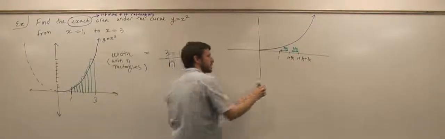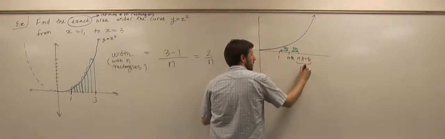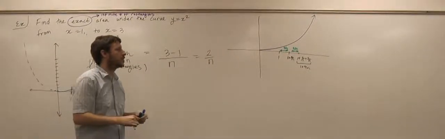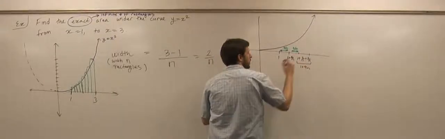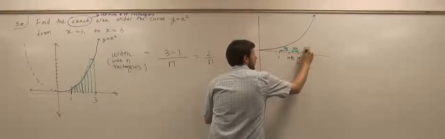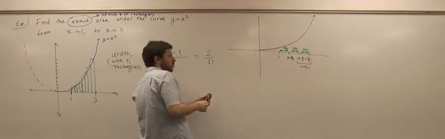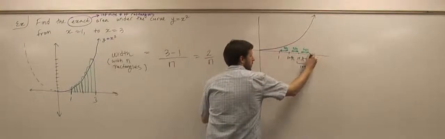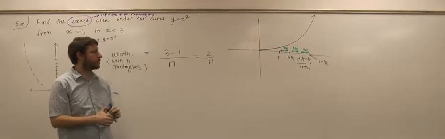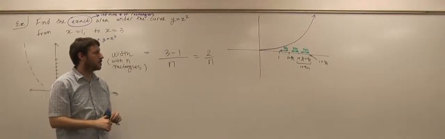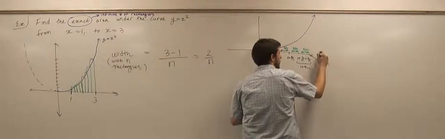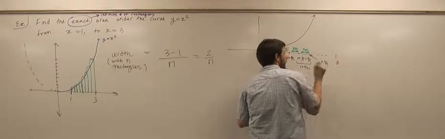So it'll now be 1 plus 4 over n. Go out to your next one, but you add another 2 over n. What do you think you should be at? 1 plus 6 over n, right? Because you add another 2 over n. And then we're going to keep going until we get to 3.